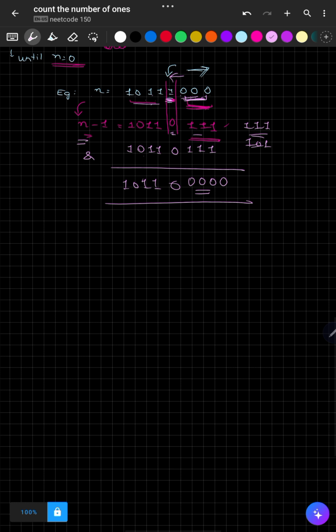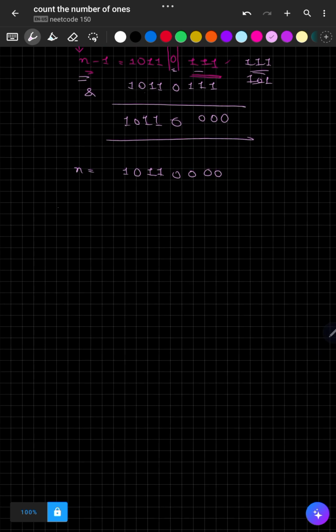Let's do this again. Now n becomes 1011 0000. Okay, here I add an extra 0 anyways. Now, what is n minus 1 in this case? Essentially, just look at the rightmost bit.